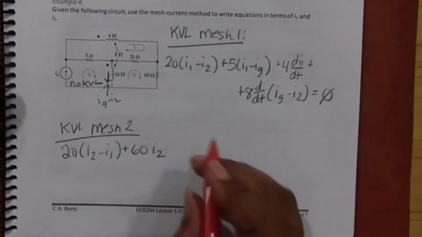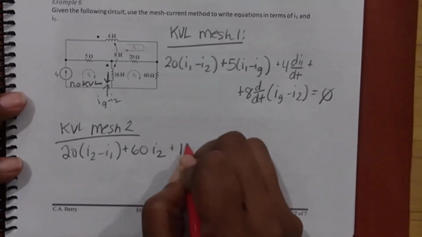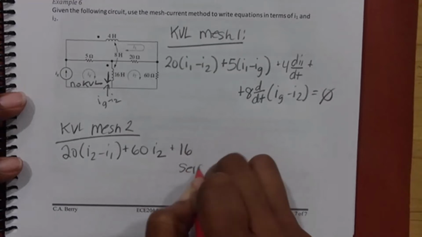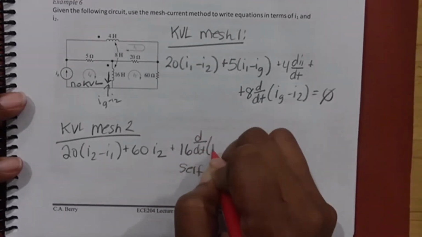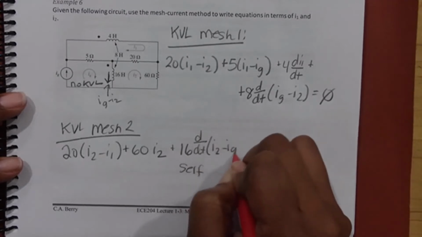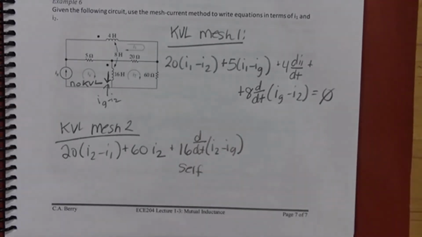The inductor is going to be the self-inductance 16, the derivative of I2 minus IG. The self-inductance is going to be 16 times the derivative of I2 minus IG. Everybody see that?